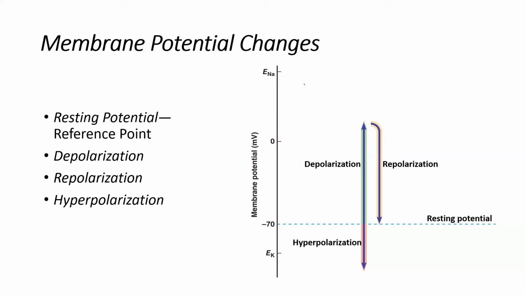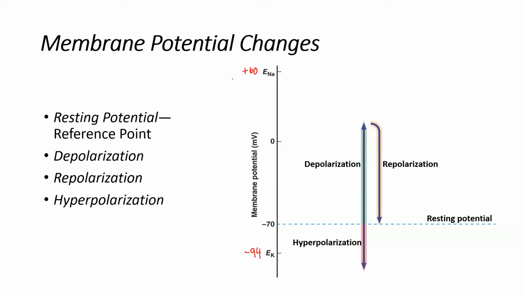Can anyone recall? Down here is where we have potassium's equilibrium potential. This is -94. And way up here, we have sodium's equilibrium potential, which was 60. Excellent. Yes, it's going to be positive 60, which is really high up in terms of the membrane potential change.